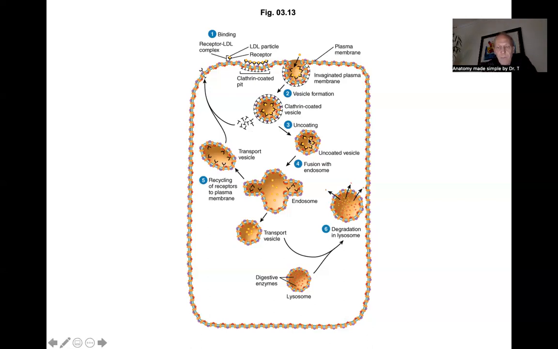In the meantime, the uncoated vesicle without clathrin molecules fuses with another cellular organelle called the endosome. As it fuses with the endosome, it releases the substance that has been transported. That's the low-density lipoprotein.